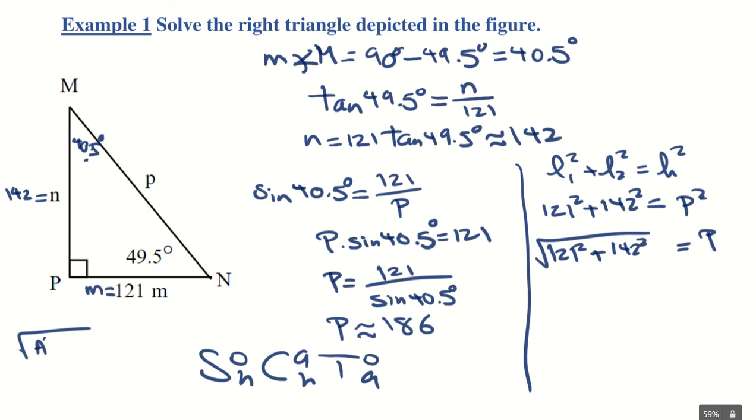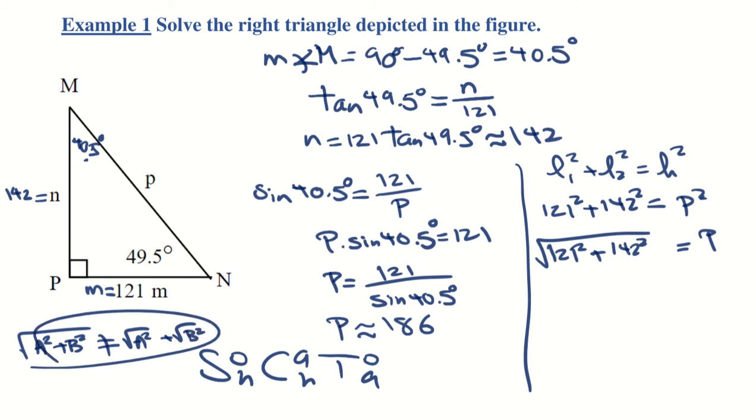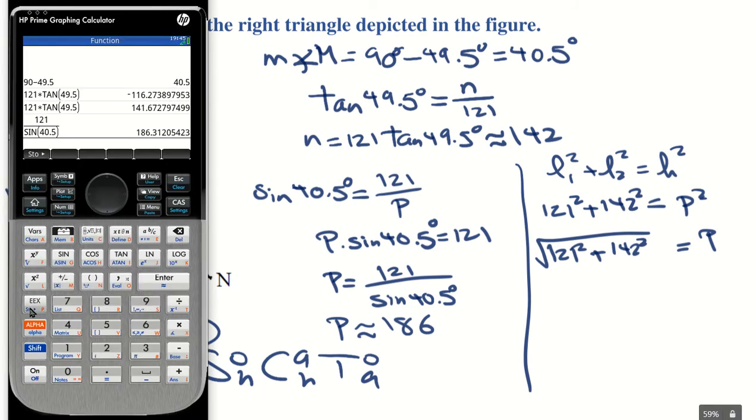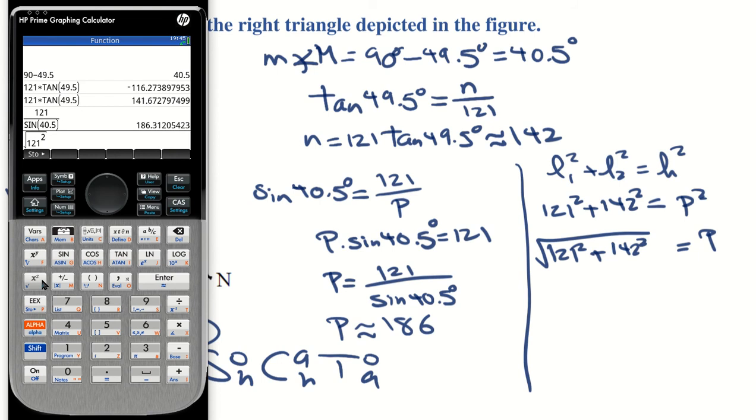The square root of a squared plus b squared is not the square root of a squared plus the square root of b squared. Be very careful with that, okay? That is definitely not the case. So what we need to do is just plug it in. So we get the square root of 121 squared plus 142 squared.